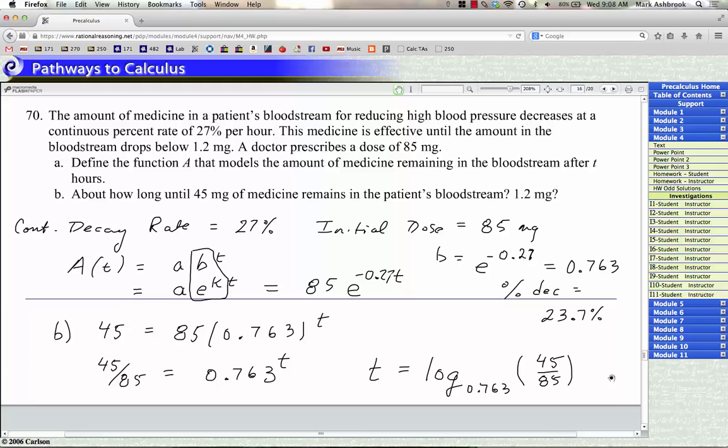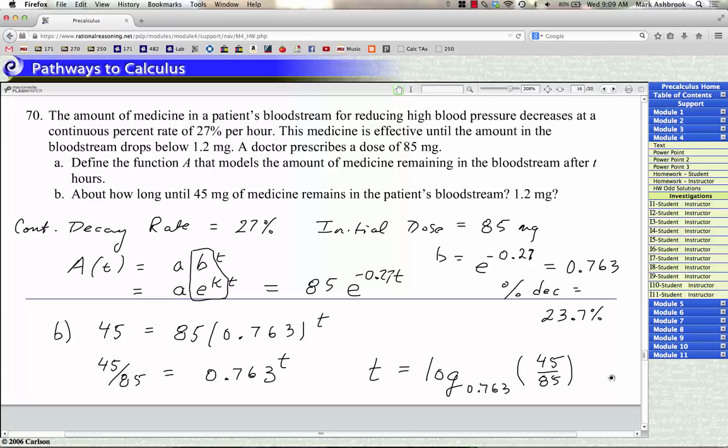Natural log of both sides. It's like your little security blanket, right? But I just saved you a step. Understand what a log is, and you can do it faster and much more efficiently. Log of both sides is just turning off your brain and following something you used to know. But we want to really practice what logs mean, so that when you see a log, you just know what it is, rather than thinking, oh, it's something to do with exponents.